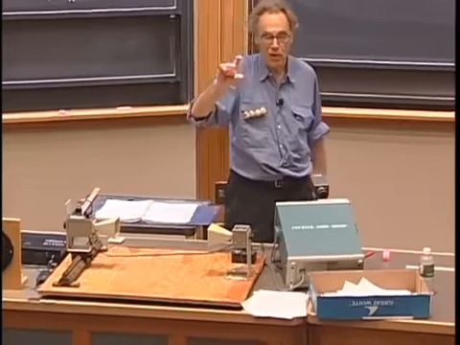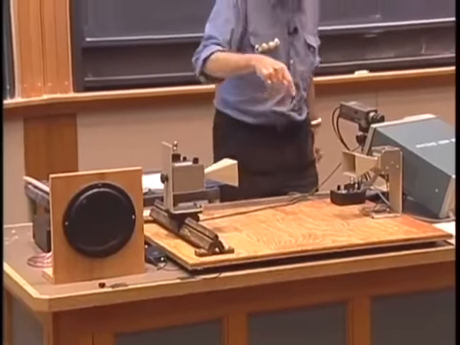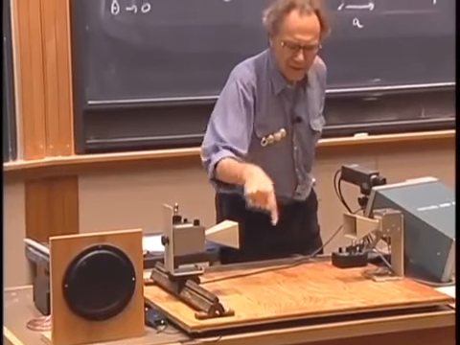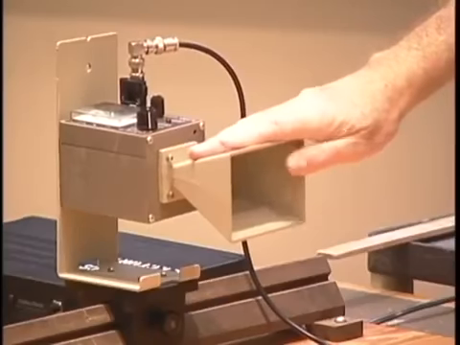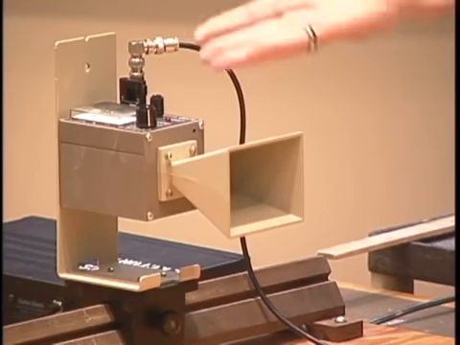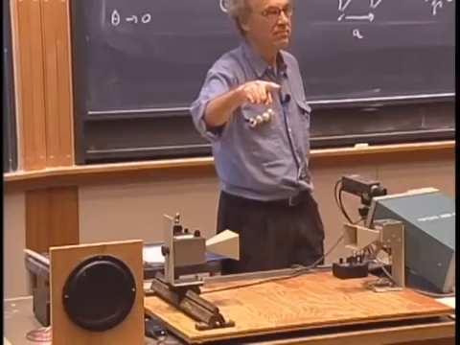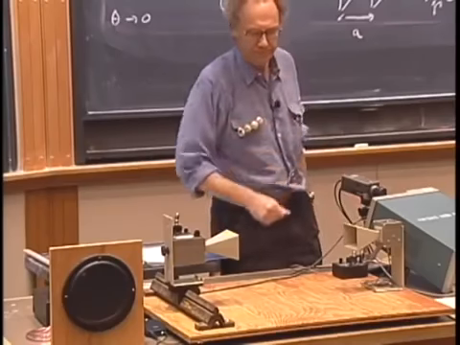It's only a very small antenna, but it's only 3 centimeters wavelength. So the E field goes like this, and here is the receiver. And if we put the antenna of the receiver like this, it will receive the signal. If we put the antenna like this, it says, sorry, I can't receive it.